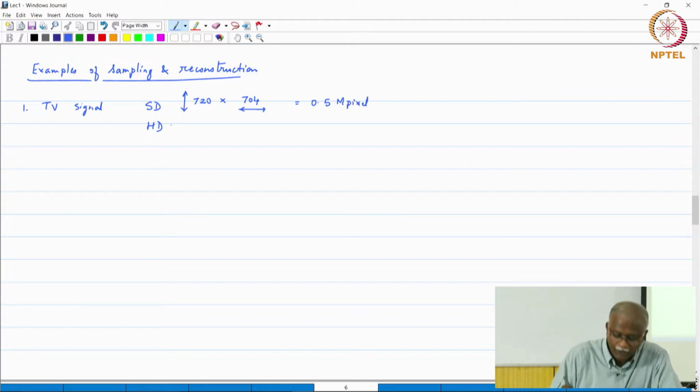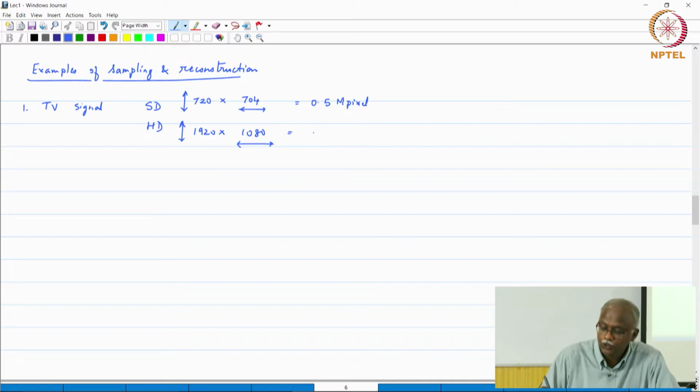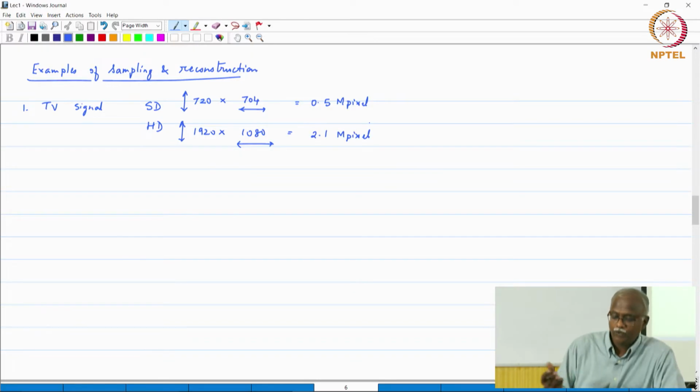High definition increases the number of pixels over the same display size. So it's 1920 multiplied by 1080. That is 2.1 megapixel. Okay, so this is what it takes to construct one image.